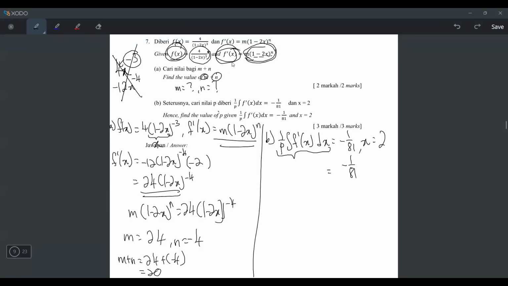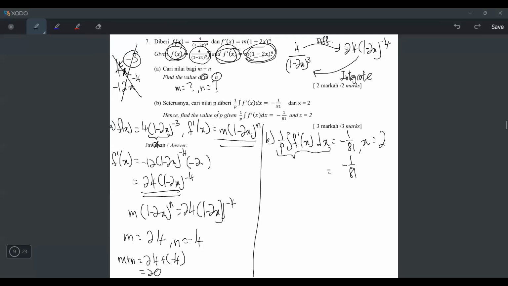So what happens if I integrate this? From 4 over 1 minus 2x power 3, if I differentiate, I will get what? M bracket this one, which is, what's m just now? 24, right? So 24 bracket 1 minus 2x power n, and n is -4. So from here, I want to become here, I will differentiate. What happens if I integrate here? Then I will get back here.